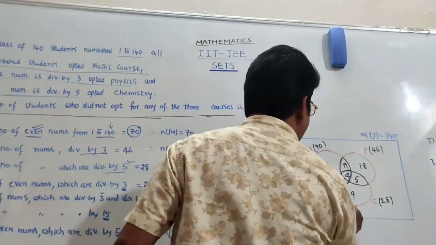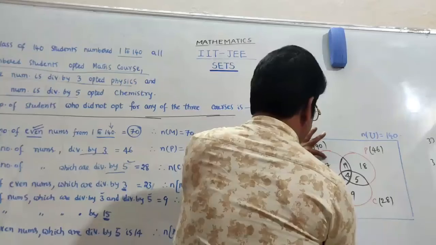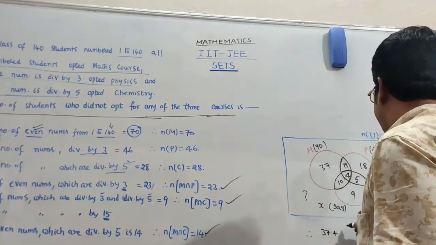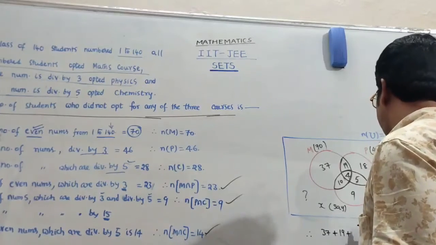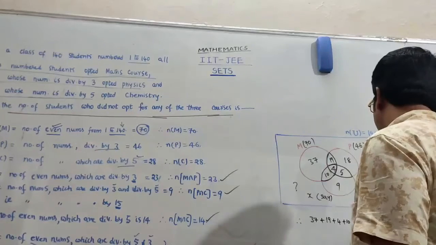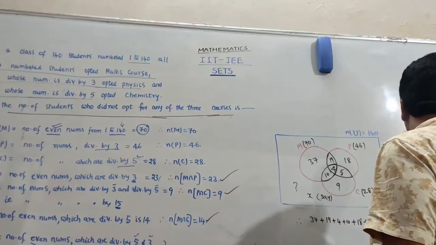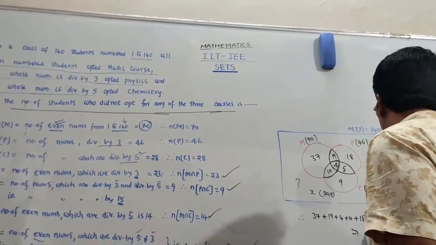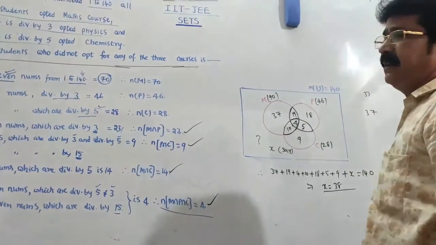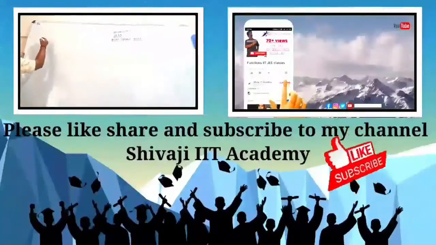So 37 plus 19 plus 4 plus 10 plus 18 plus 5 plus 9 plus x equal to 140. On simplification, x equals 39. You can verify this. Hence the problem.